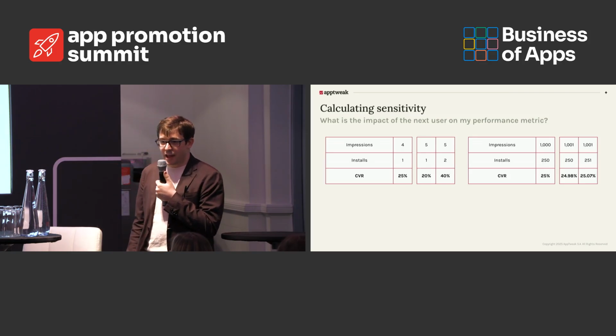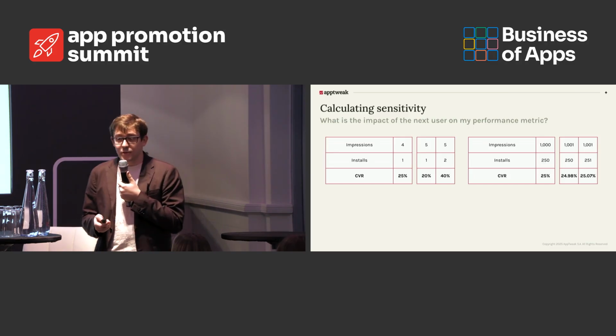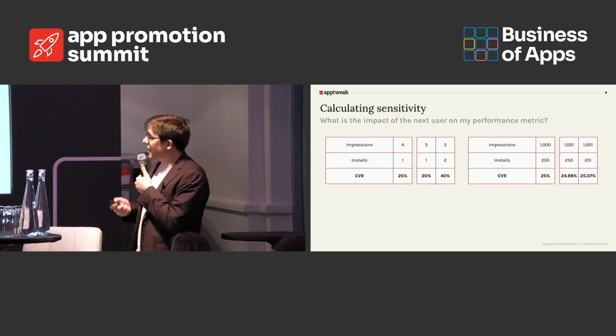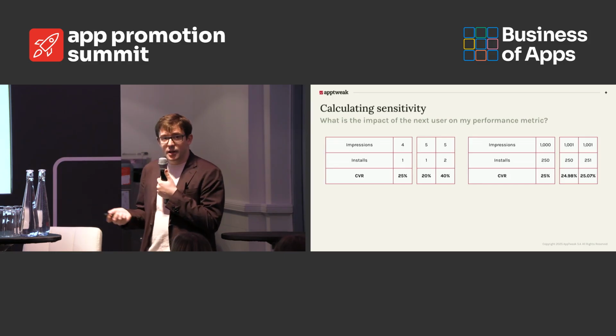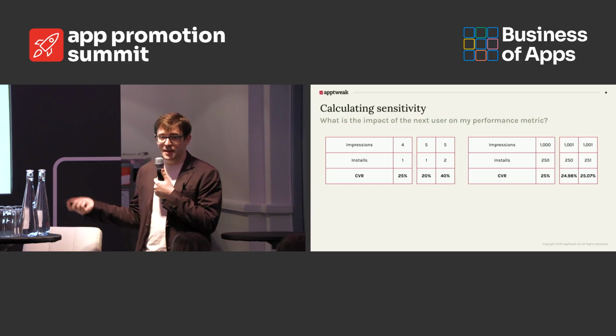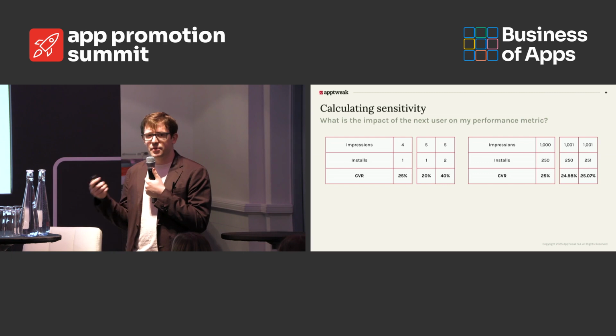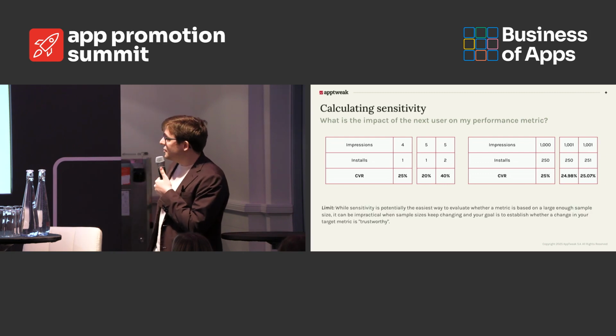The main problem you get with this is that if you have an app with a fair amount of traffic, you probably get more than one impression a day. So your conversion rate is going to vary much faster. And if we say we have to add 1,000 impressions, we can look at our best and worst case scenario, but we won't have a certainty of what's the most likely situation.